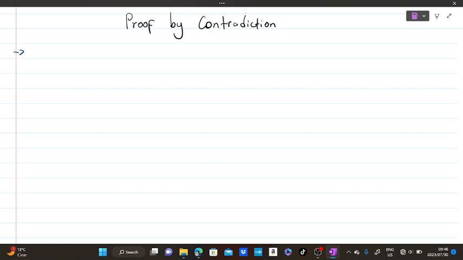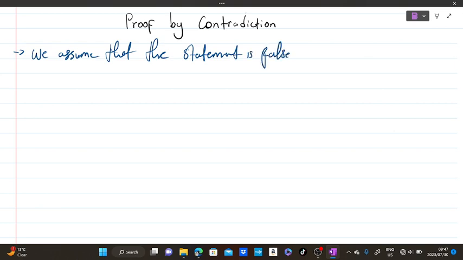Which means that we need to assume that our statement is false, and then after assuming, we arrive at some contradiction. Remember that contradiction is a statement that is always false.